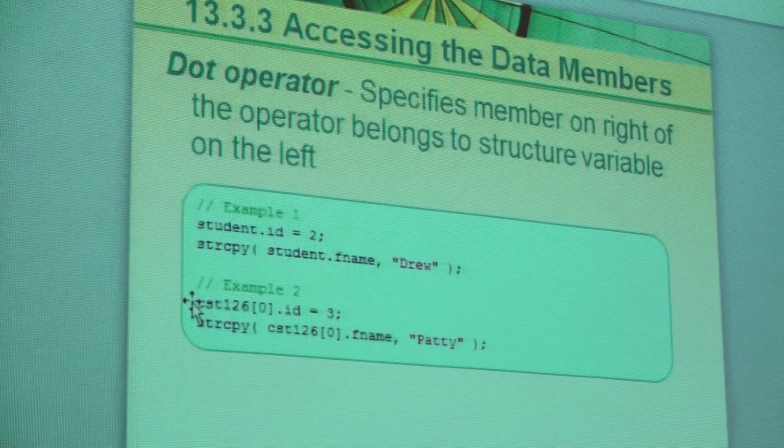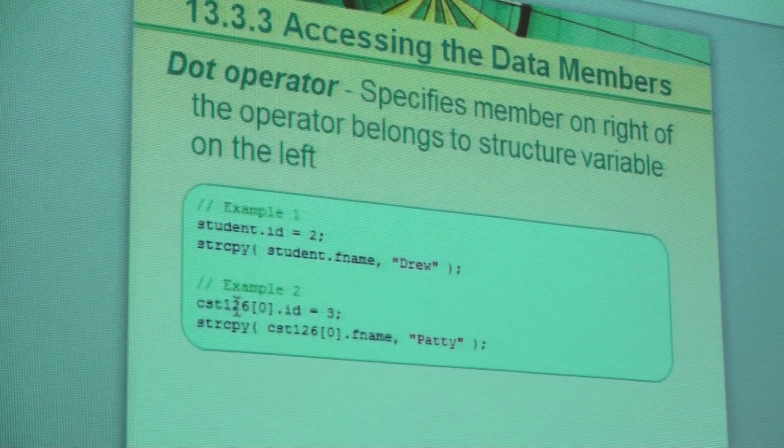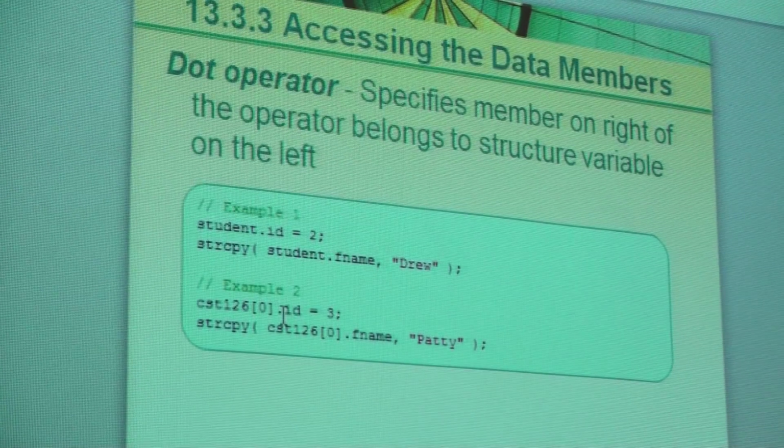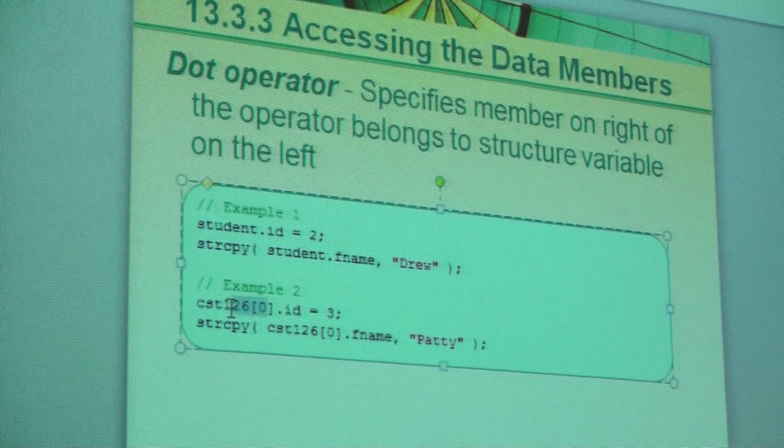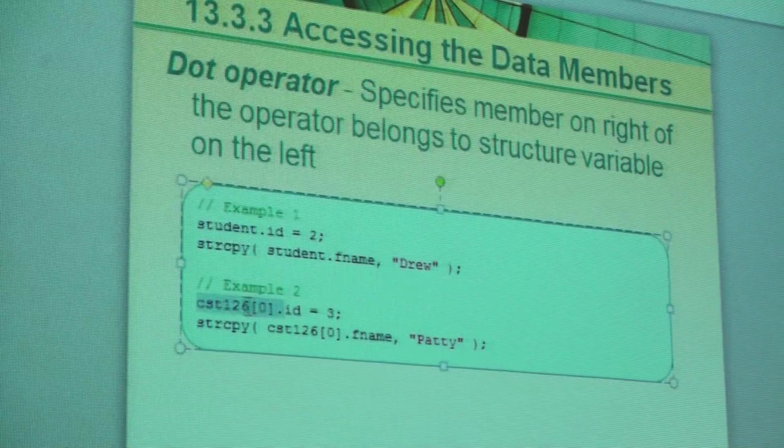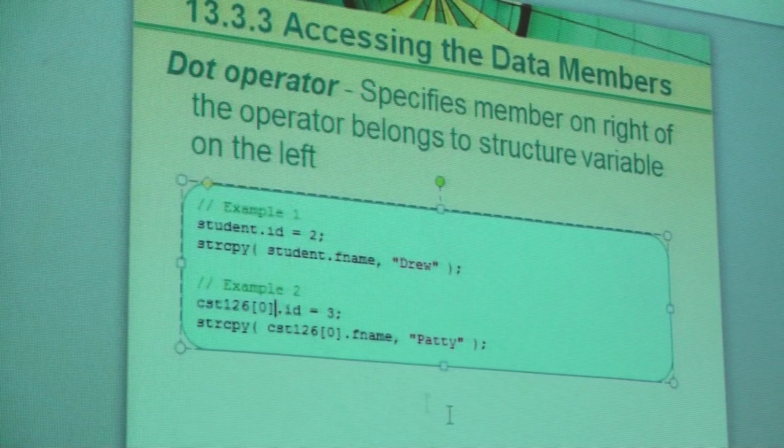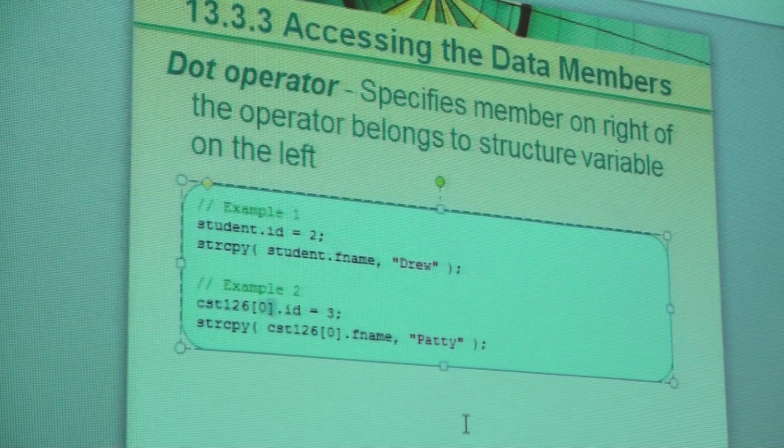Here we have an array, CST 126 sub 0, the first structure in the array. So this much gets evaluated first. Go fetch me that structure, right? That's the piece I'm looking at.